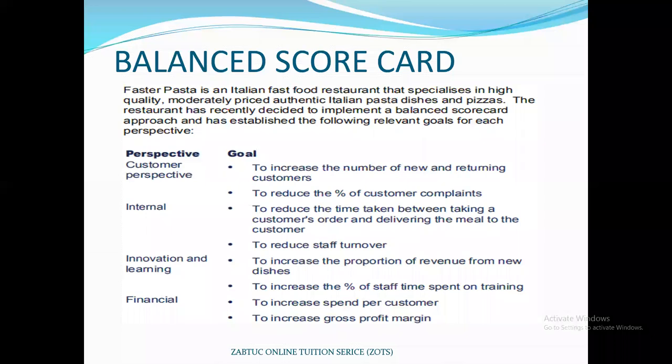Our first pasta is an Italian fast food restaurant that specializes in high quality, moderately priced, authentic Italian pasta dishes and pizzas. The restaurant has recently decided to implement a balanced scorecard approach and has established the following relevant goals for each perspective.